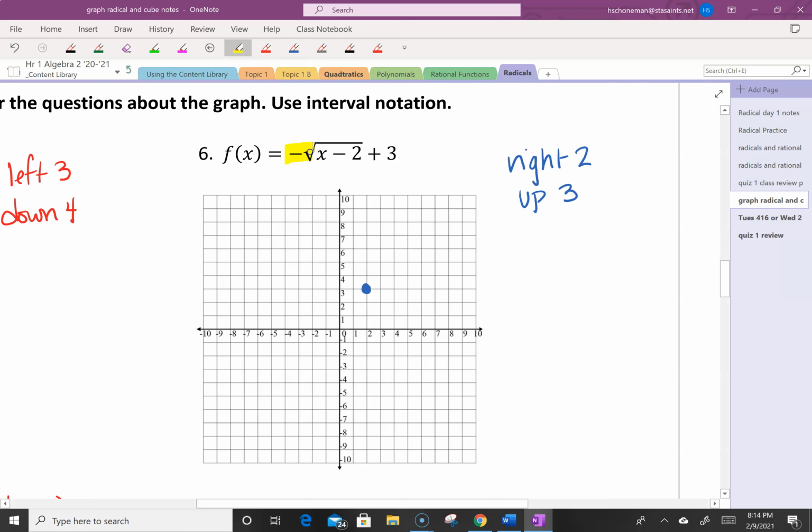But because of this negative, instead of going up, I now have to go down. So I'm going to go over 1 and down 1, over 4 and down 2, and then over 9 and down 3, so that my graph looks like this.